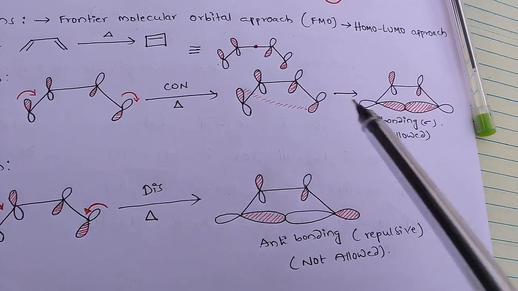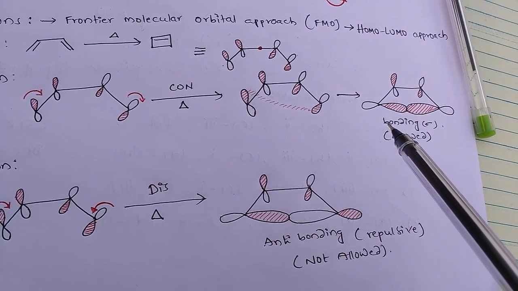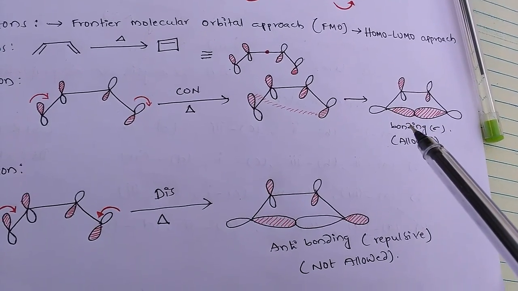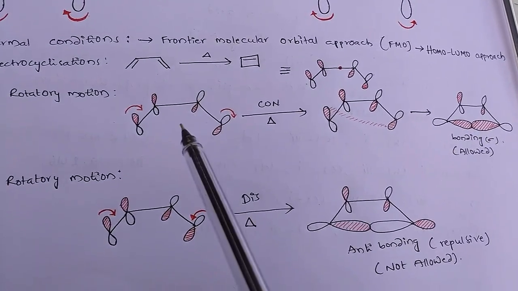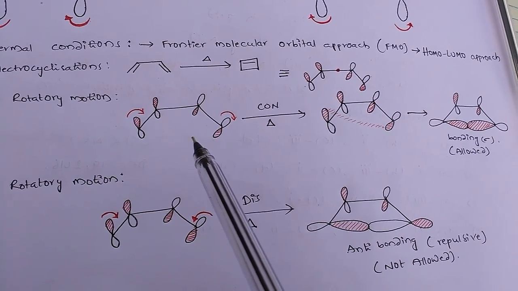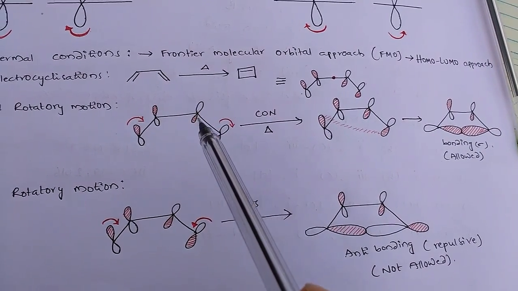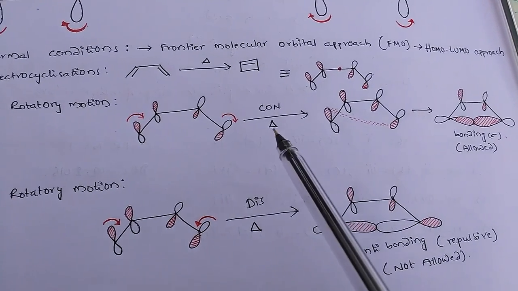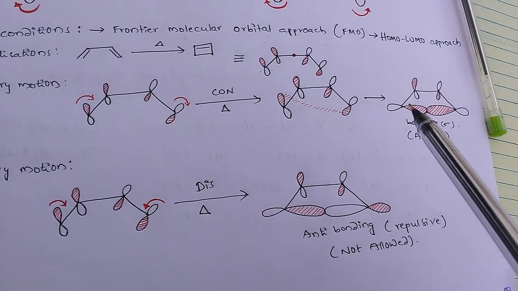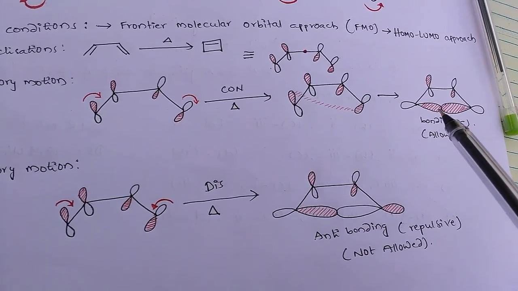So thermally, on conrotation, we can get proper bonding. That means this reaction is possible under thermal conditions. So here, for a 4n system under thermal conditions, on conrotation we get the allowed rotation and allowed bonding.